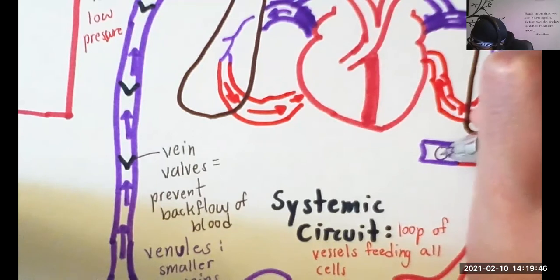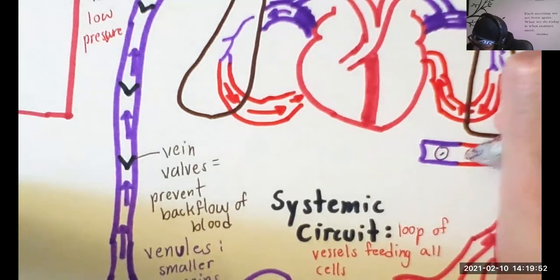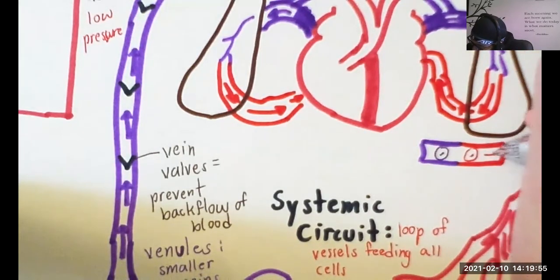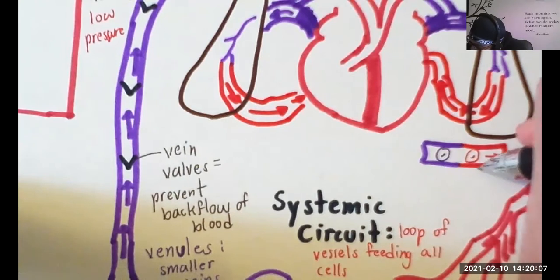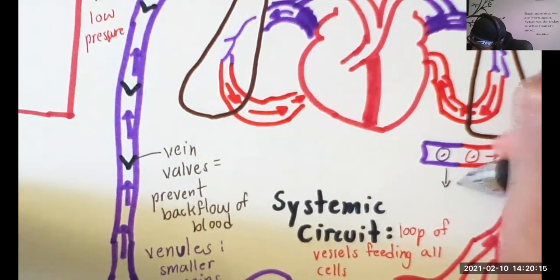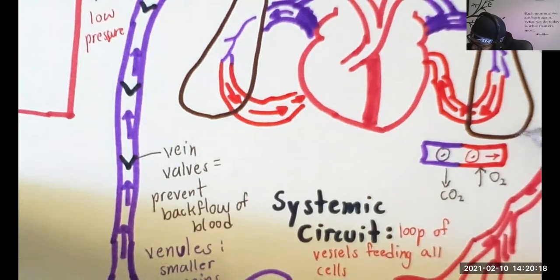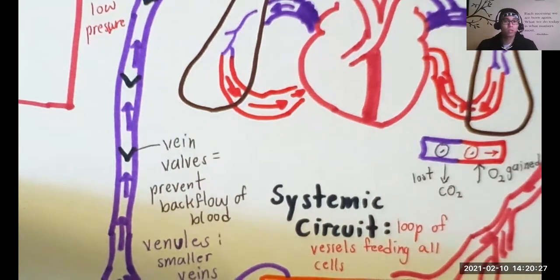Here's a red blood cell. Here's a red blood cell. And the flow of blood is moving in that direction. What is going in and what is coming out? Going into the red blood cell now is oxygen gas from the air. And coming out of the red blood cell is CO2. So O2 is gained from the perspective of the blood, and CO2 is lost from the perspective of the blood.